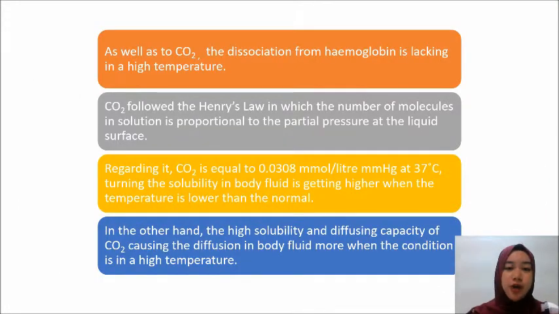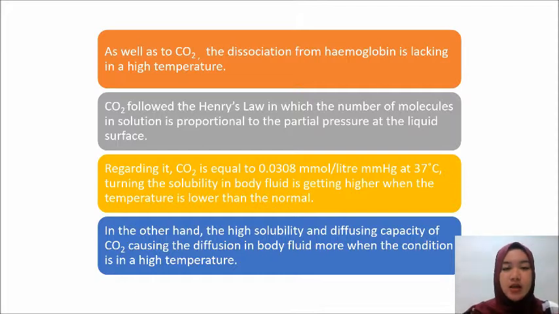As for carbon dioxide diffusion, when a tissue is at a high temperature, it will experience a lag in dissociation of carbon dioxide from the hemoglobin. This is because carbon dioxide follows Henry's law, which defines that the number of molecules in solution is proportional to the partial pressure at the liquid surface.